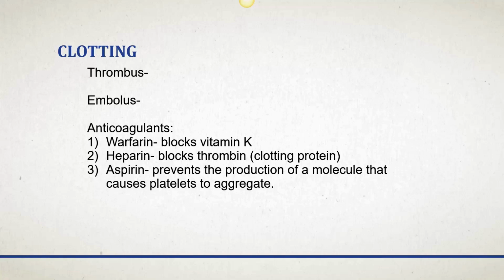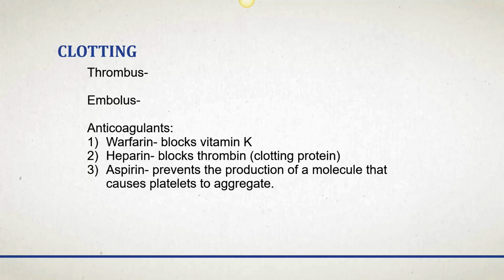Blood clotting. There are clotting factors within the blood that will promote the formation of blood clots. When blood clots form, they can either be localized or they can be traveling through the bloodstream. A thrombus is a localized blood clot. That's when a blood clot is blocking a particular blood vessel in one region.